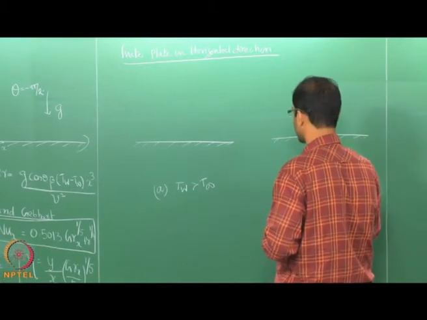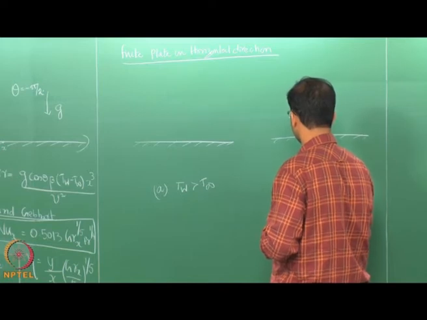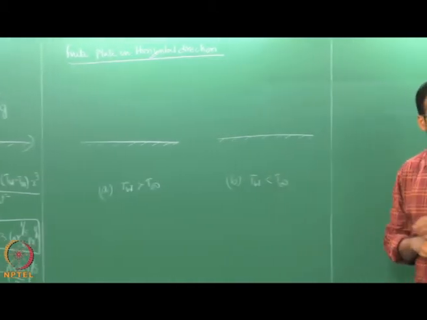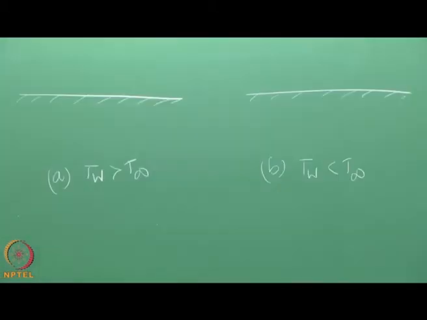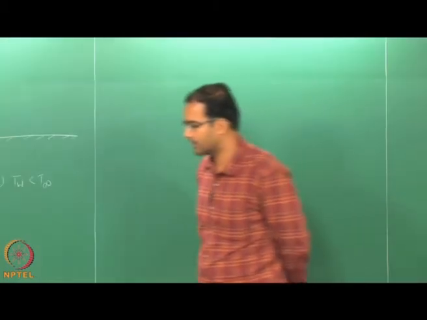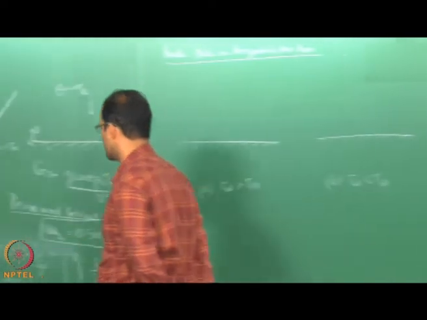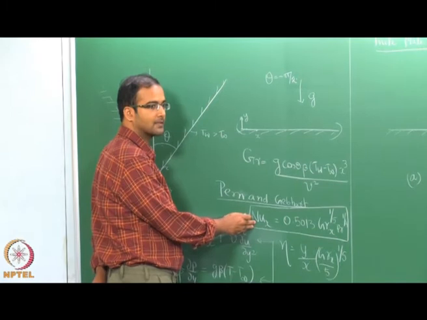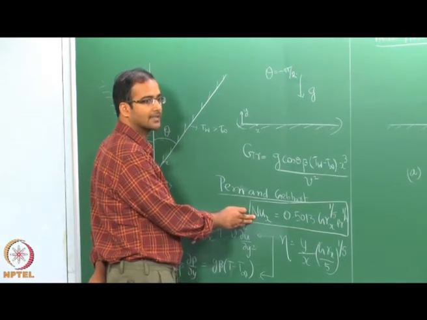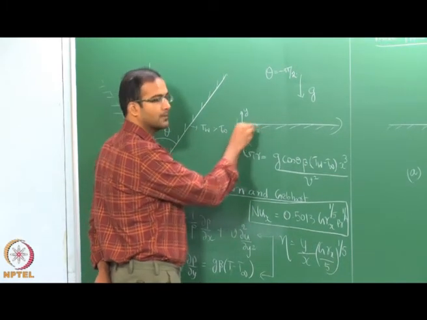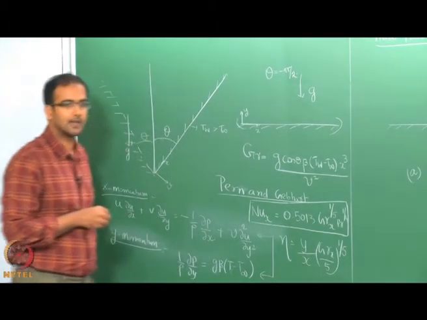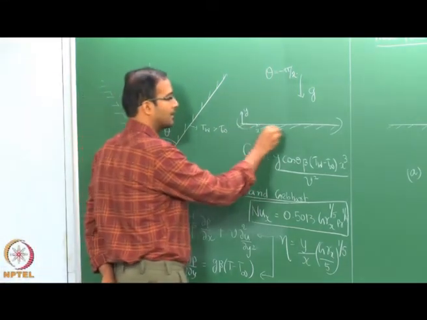That means T wall is less than T infinity. In the case of a horizontal plate, isn't the velocity in the y direction equally prominent? Yes, but the most important component which is governing the variation of Nusselt number along the x direction is your momentum in this direction. As you can see, the Nusselt number here is calculated as a variation along the plate length.